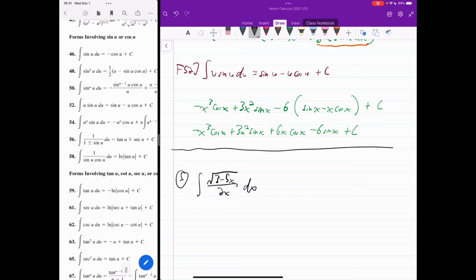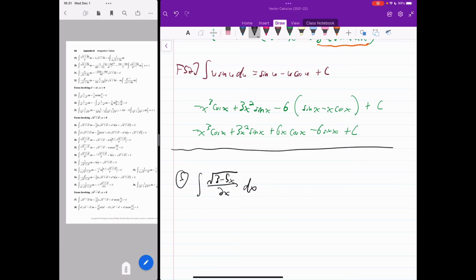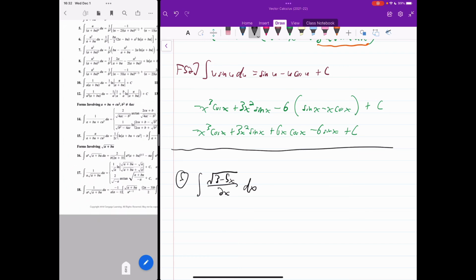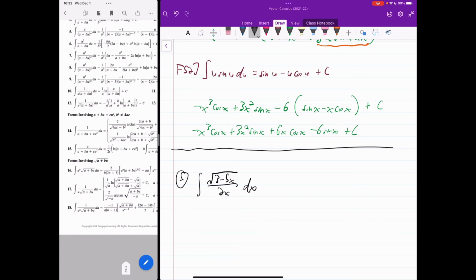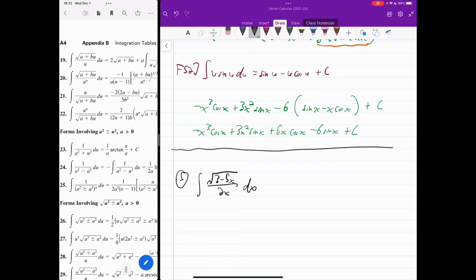Let's look at the radical linear ones. Let's go back to the front. I've got a radical over an x, and if I'm looking at these radicals over x, oh, that's not there. I was looking, here's the ones involving the radicals. 16, 17, 18, nope. Slip over 19, yeah.